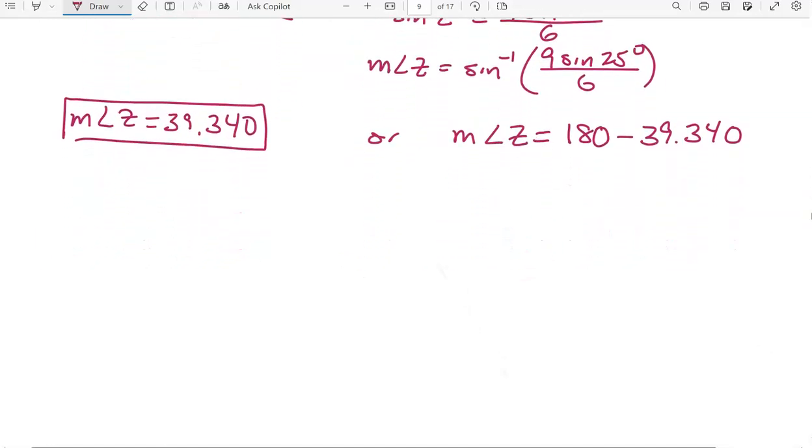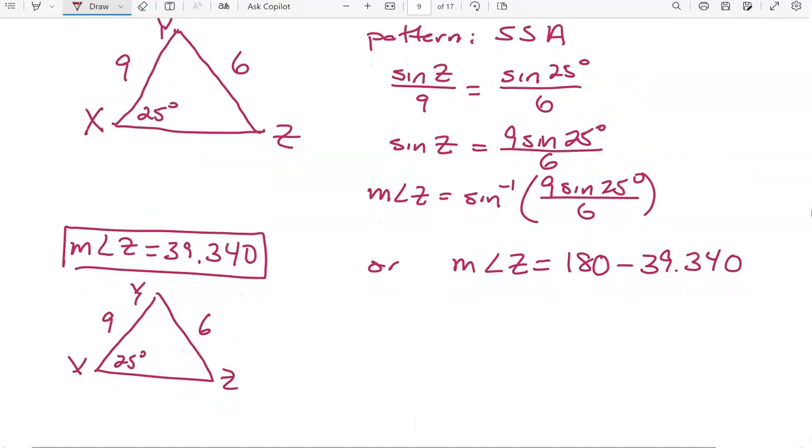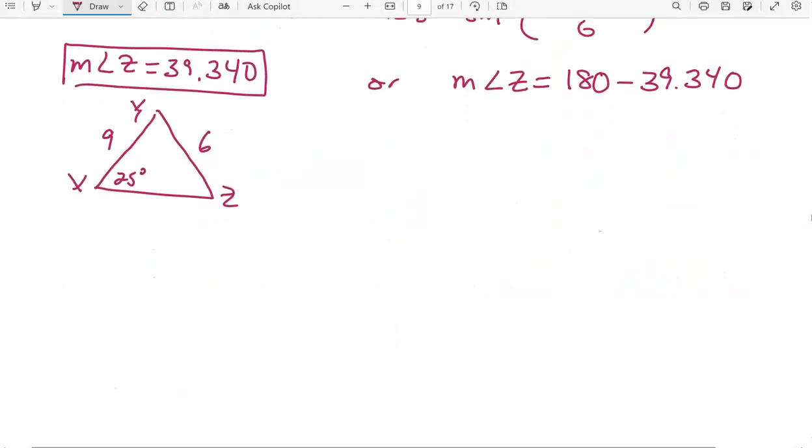So I'm going to resketch now. I'm going to resketch my triangle XYZ with my 25-degree angle, my side of 9, and my side of 6. That matches. And now our newfound second angle, angle Z, is 39.340.